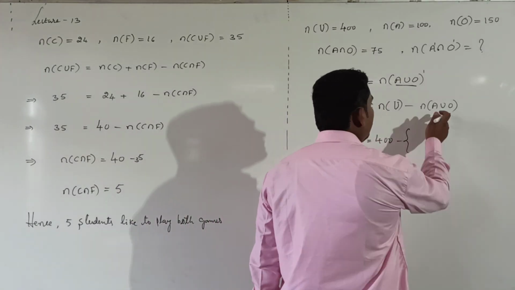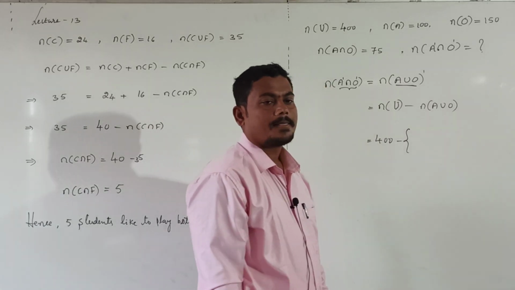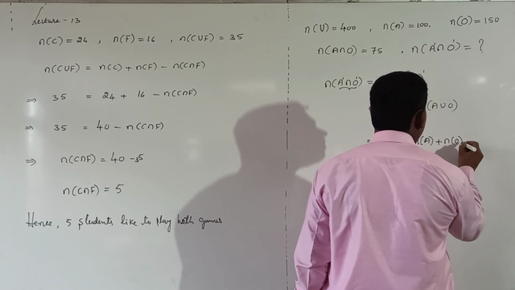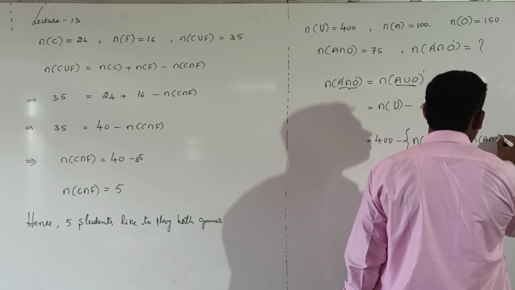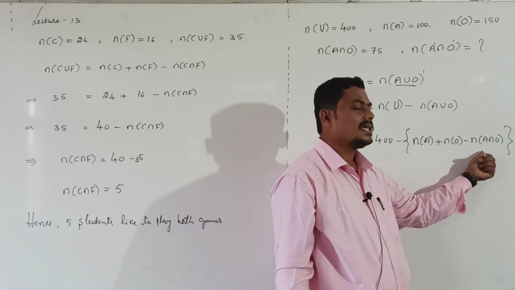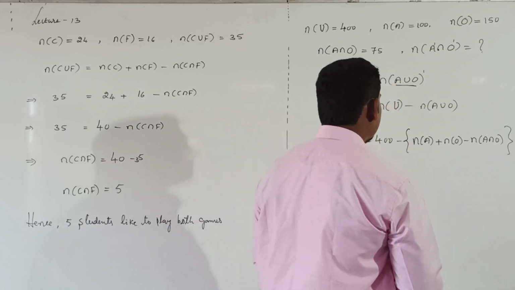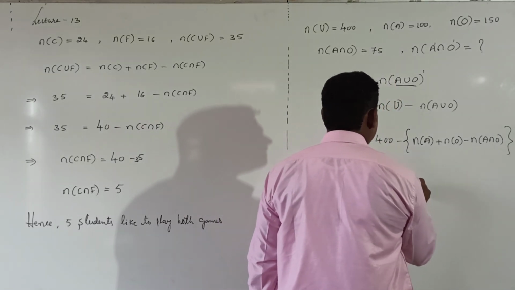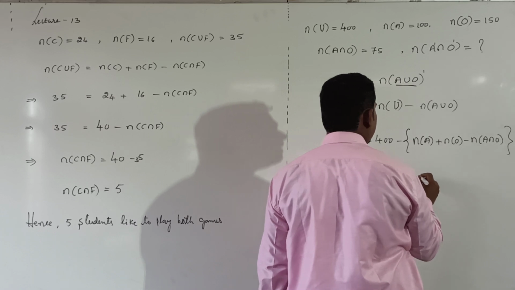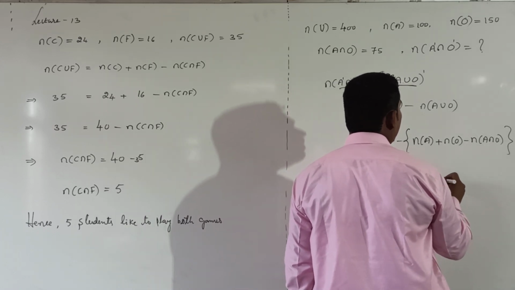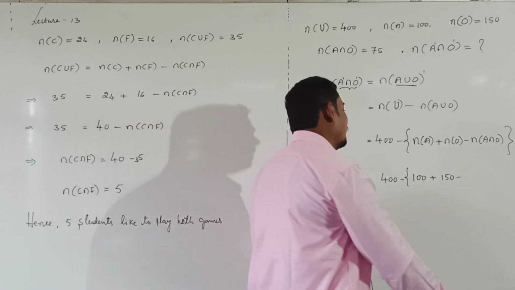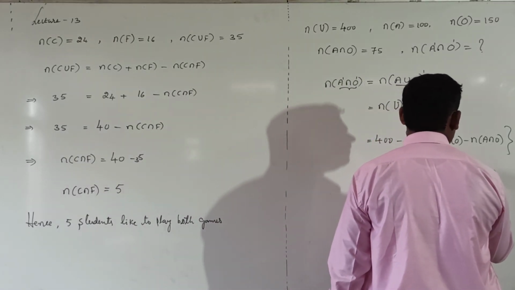But we have the formula for n of A union O: n of A plus n of O minus n of A intersection O. N of A union B formula is n of A plus n of B minus n of A intersection B. After that, 400 minus n of A, they have given that, 100, plus n of O also given, that is 150, minus 75, taking both the juices, intersection, that is 75.